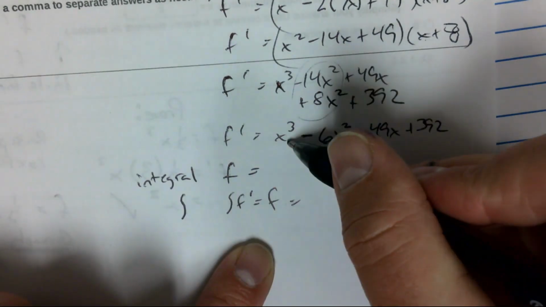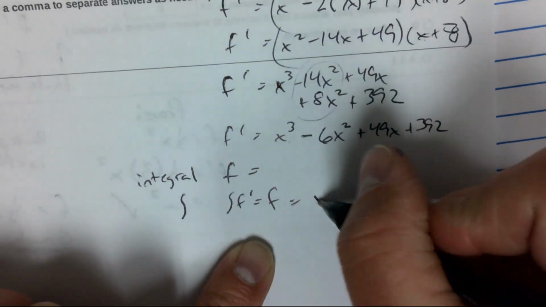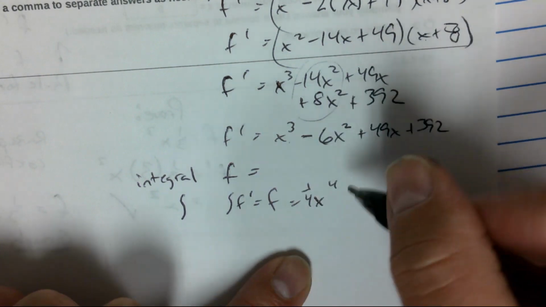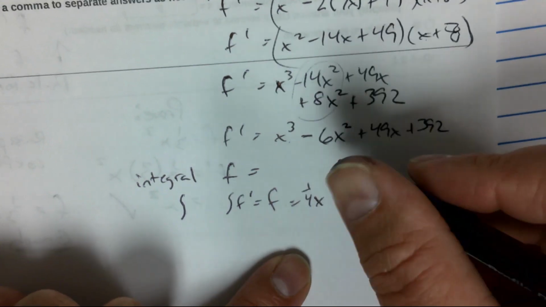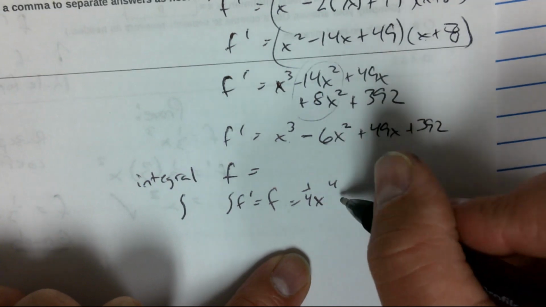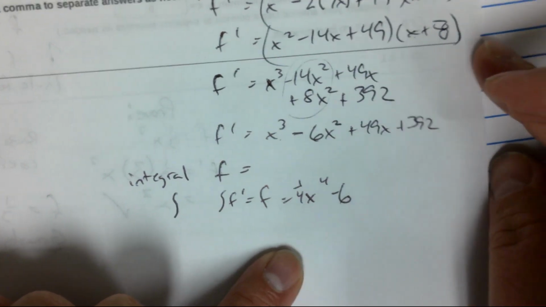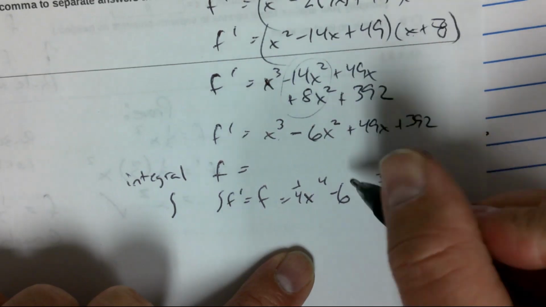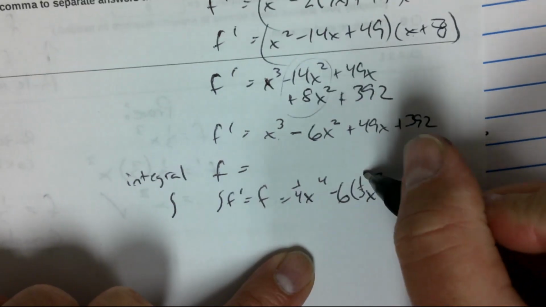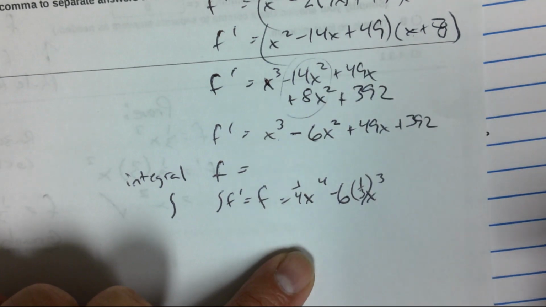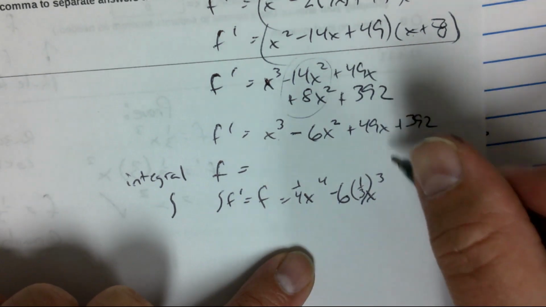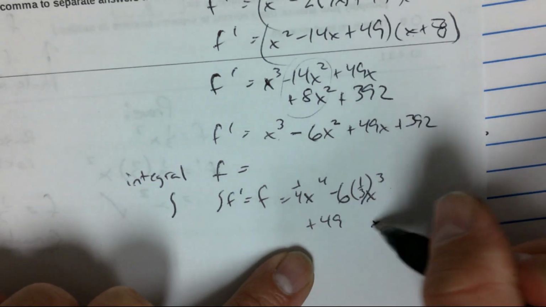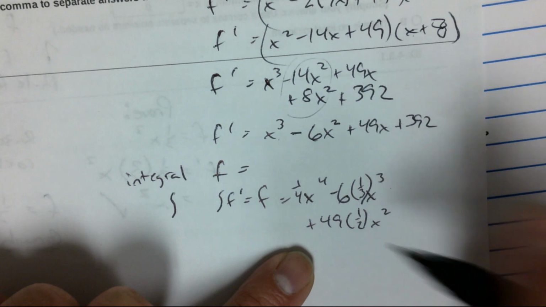We bump up a power, so we go x to the fourth. We put 1/4 in front of it. And then we keep the sign the same. And we bump this up to x cubed. And we need 1/3 here. And then we bump this up to x squared, and we put a half in front.